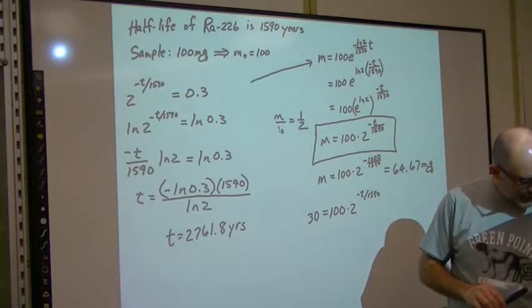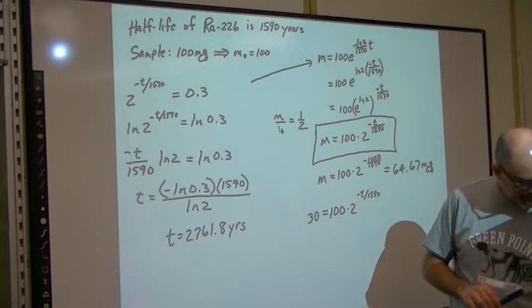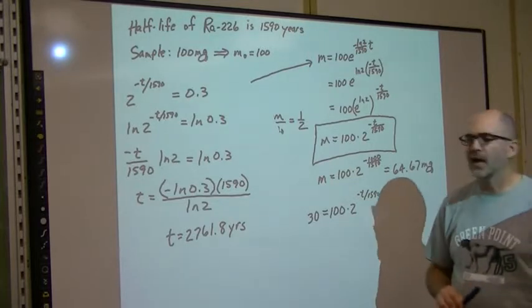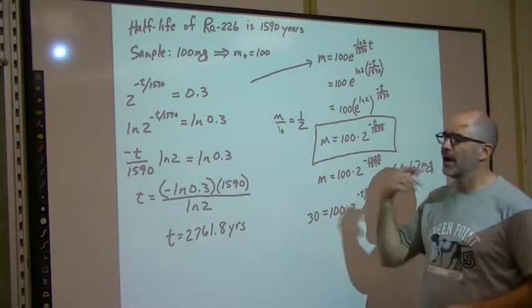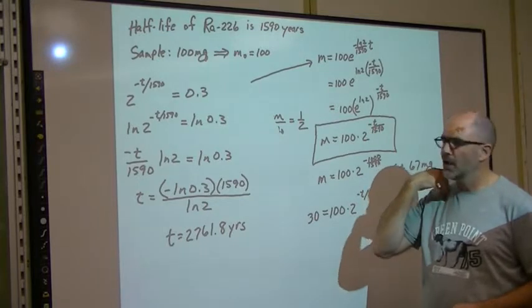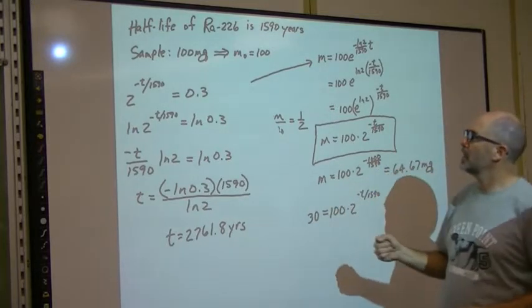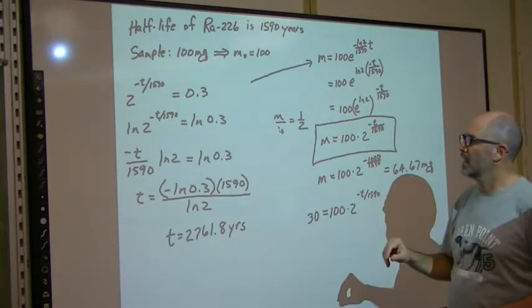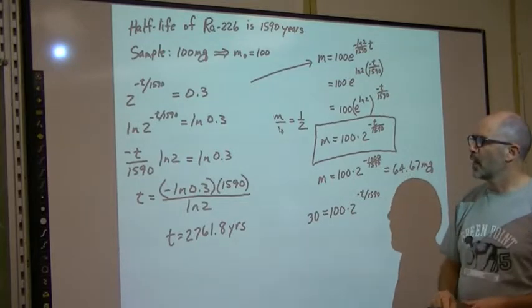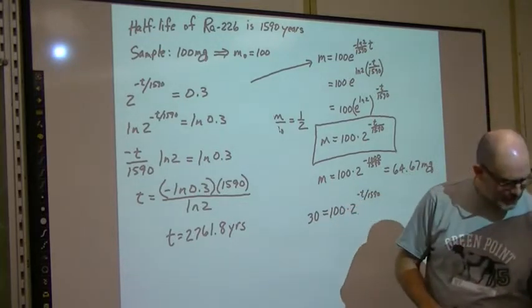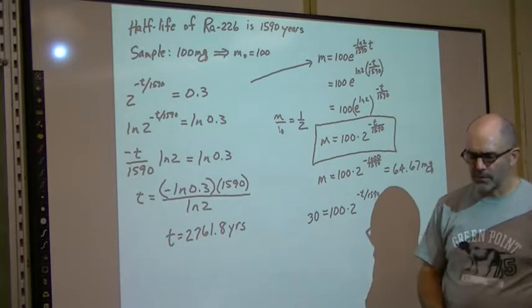Okay, this third example is one of my favorites. In the first example we did biology with population. This example is chemistry. Now we're going to get to a much more practical thing to think about.